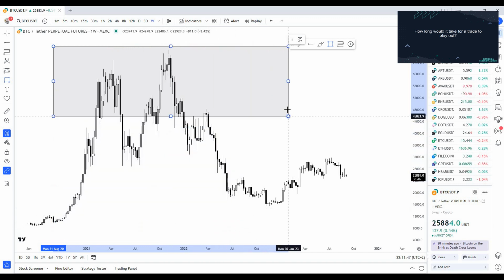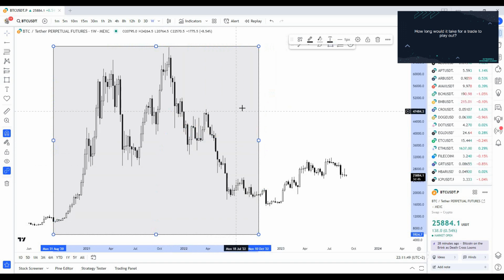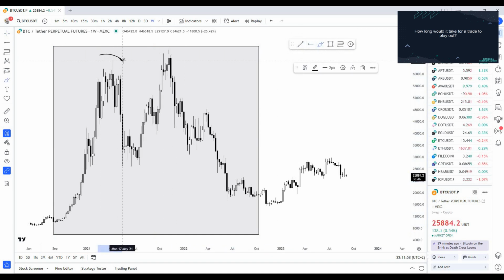If you look at this space, let's do some TA on it. You could say, in hindsight, this was a double top, and let's say you shorted the double top, and you would say, okay, this area would have been my take profit.